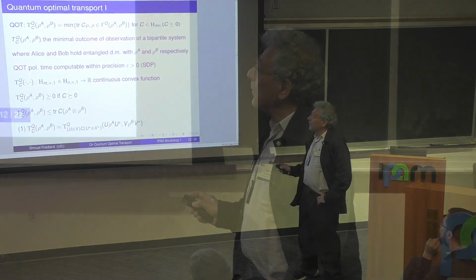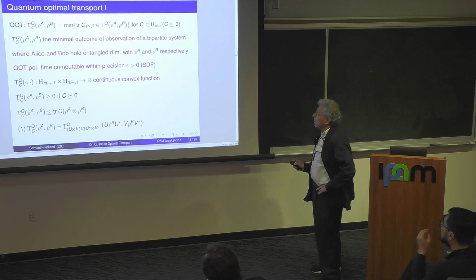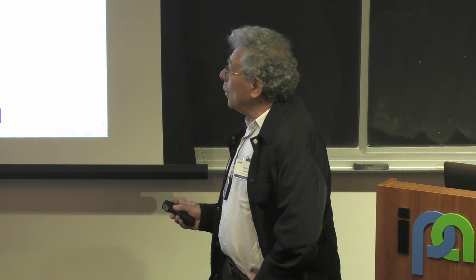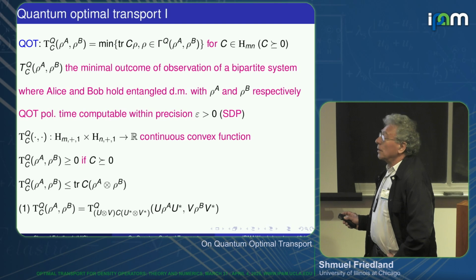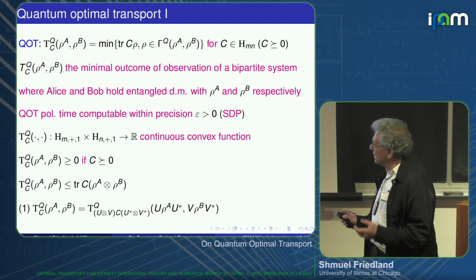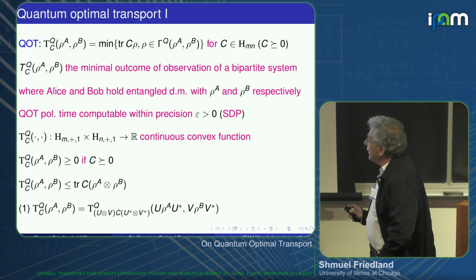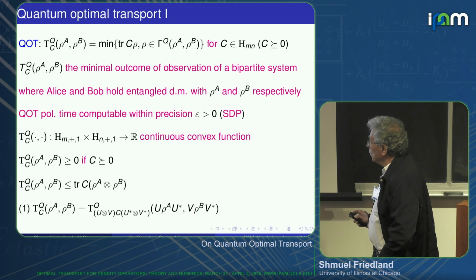And unfortunately, this problem as it's stated essentially falls under semi-definite programming. I hope that everybody has heard about semi-definite programming. The good thing about semi-definite programming is that it's computable polynomially with precision epsilon. This is the difference from, let's say, linear programming. So it's computable, polynomial in the input and in log of 1 over epsilon.